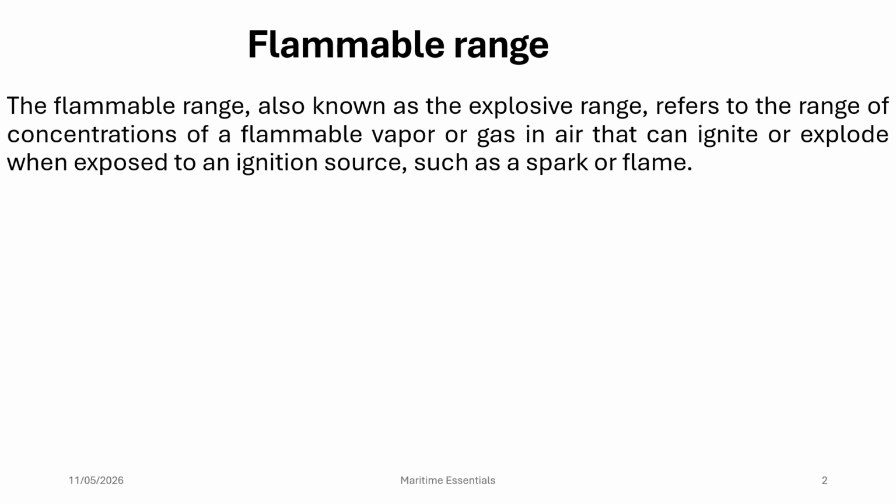So that means each cargo has a range to support combustion or explosion in a specific atmosphere. The cargo concentration should be within that range, and only then will the cargo support flame, right?